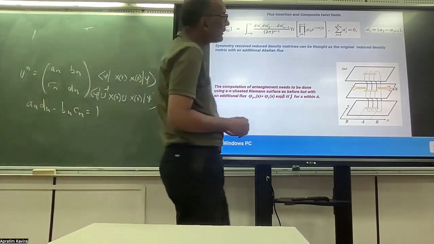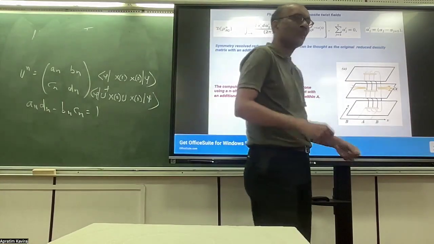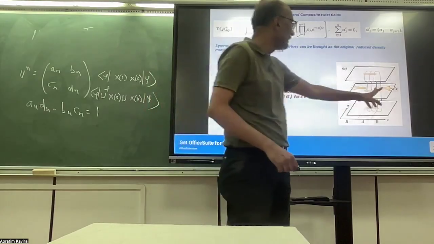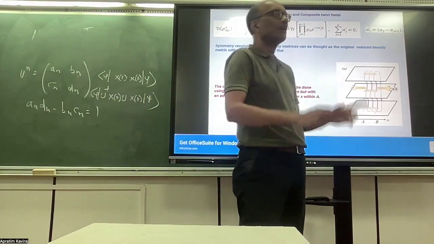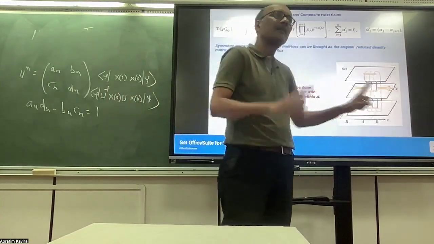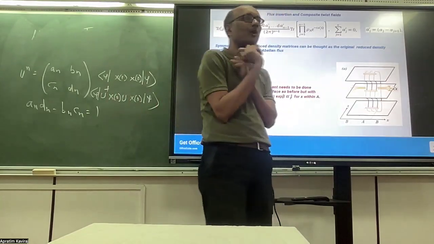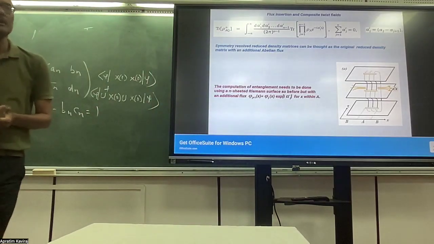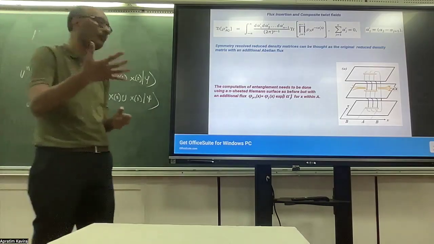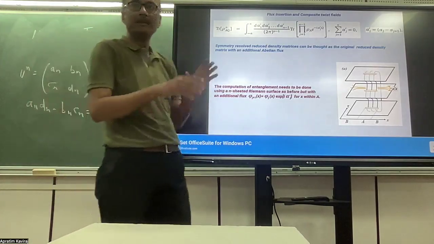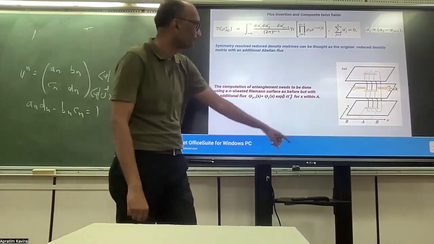It can be done at any place because all I care about is the flux, but it's typically done at the edge of the subsystem so that I can fuse my twist operator with this flux insertion operator and define a composite twist operator in terms of which I can write down the entropy. This is a work of Moshe Goldstein and Sela, where they showed that this composite twist formalism works.